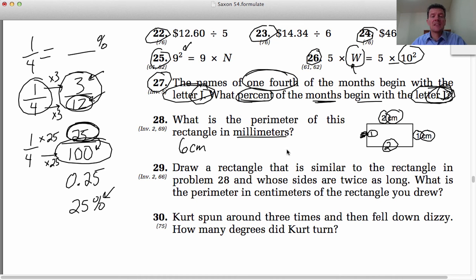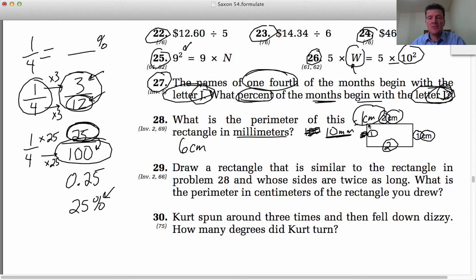And since there are 10 millimeters in each centimeter. Okay, centimeter, that prefix centi, that's 100, and milli is for 1,000, so there are only 10, a power of 10 difference.